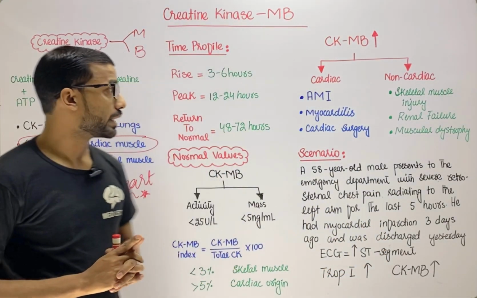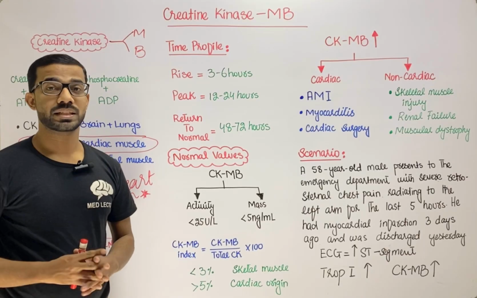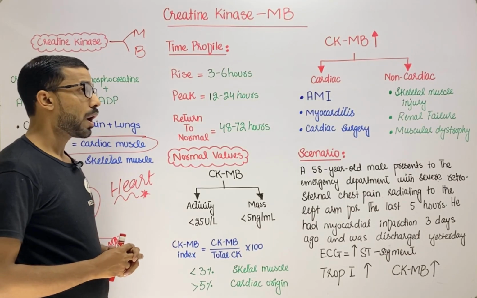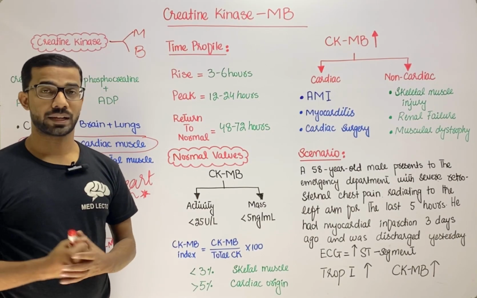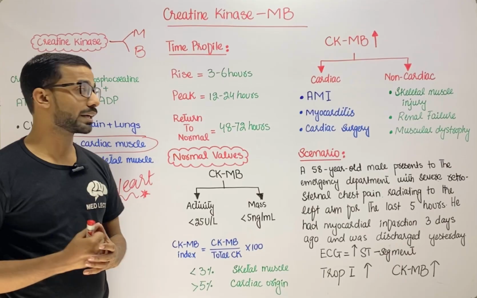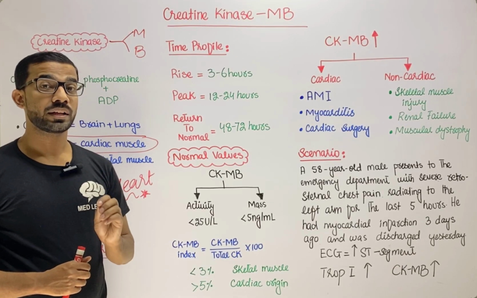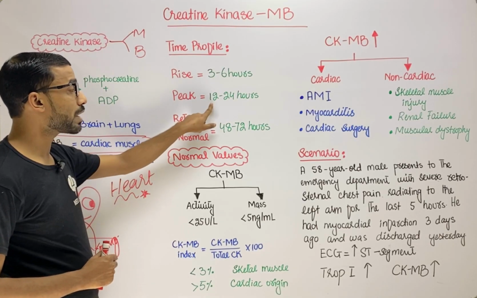Next, we will see the time period. When does this CKMB start releasing in your bloodstream? When the patient faces a heart attack, or myocardial infarction, it will take 3 to 6 hours for the CKMB to be released in the blood, and the peak value will be at 12 to 24 hours.